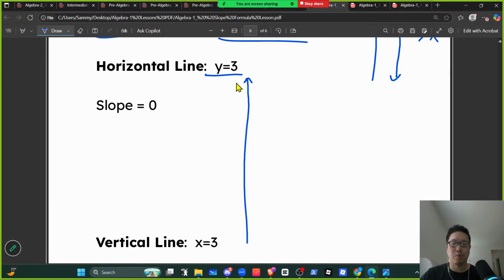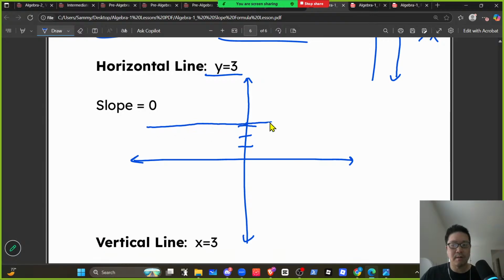Anytime you get y by itself, y equals something, that's a horizontal line. It's telling you to go to the number that y equals. So in this case, it's y equals 3. And then just draw a horizontal line. Horizontal lines have slopes of 0.